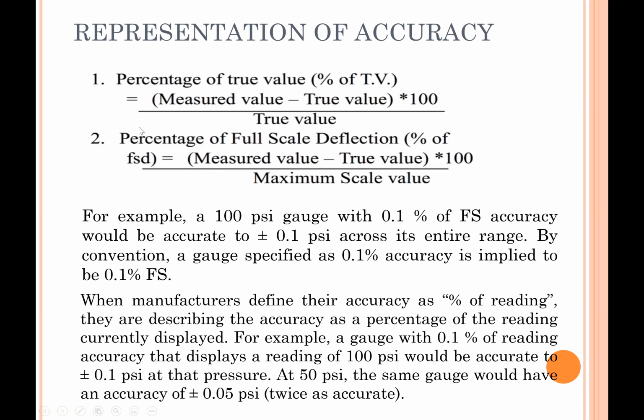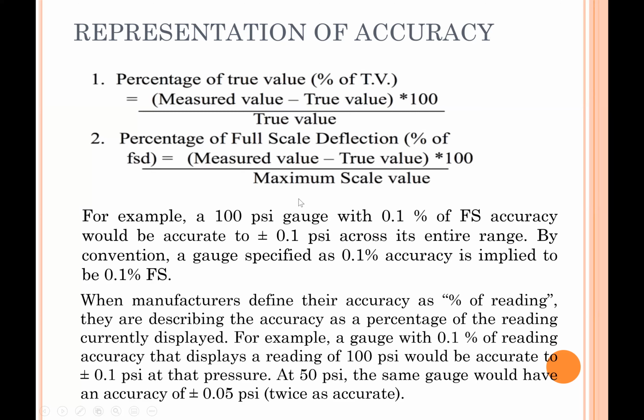So these are the two ways in which you can actually represent accuracy. For example, if you have a 100 psi gauge with 0.1% of full scale accuracy, it would be accurate to plus minus 0.1 psi across its entire range.